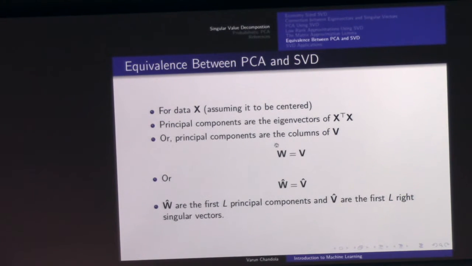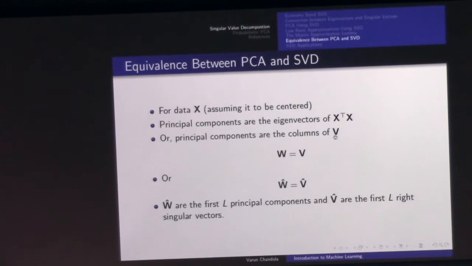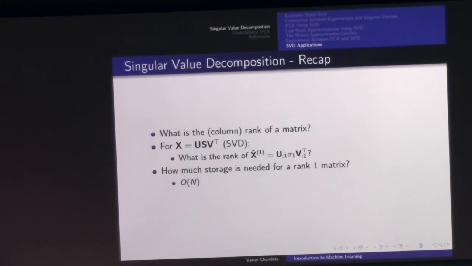Or directly you can do SVD, where you're decomposing your matrix into U, S, V transpose, and then you can look at the singular values and singular vectors, and those give you the eigenvectors, the principal components, right? So there's the equivalence there. I want to do a quick recap of that, and then we'll look at some applications of SVD. SVD is a good way to do PCA, but there are other interesting applications of SVD as well.